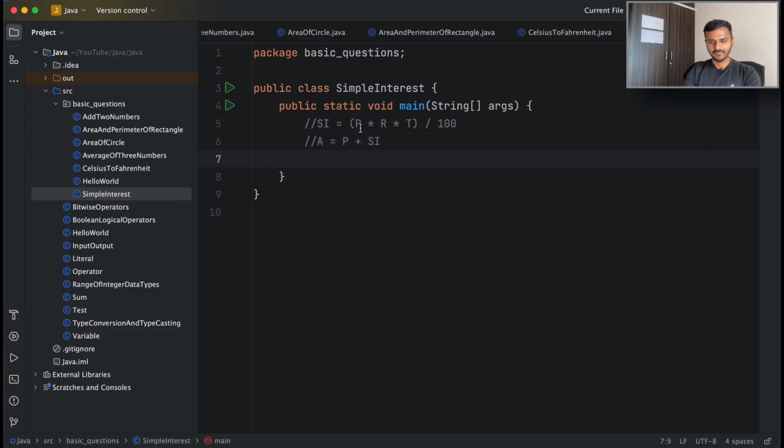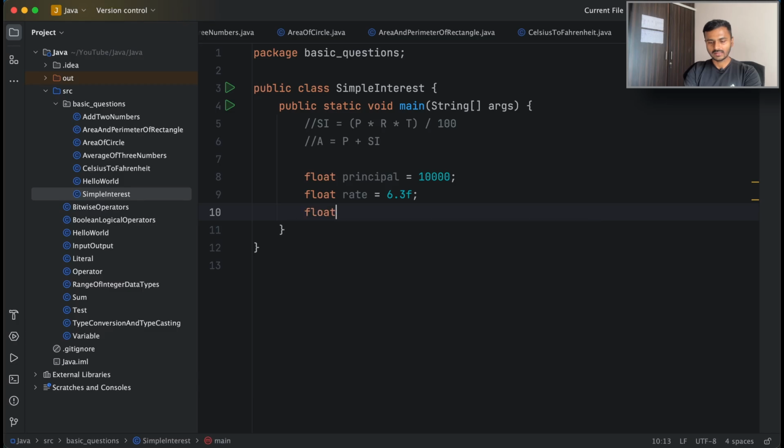So what do we need? We need principal, then we need rate of interest, and then we need time. So let's create 3 variables. Let's say float principal, and let's set this to, for example, 10,000. Then we'll go for rate. Rate is, for example, 6.3% per annum.